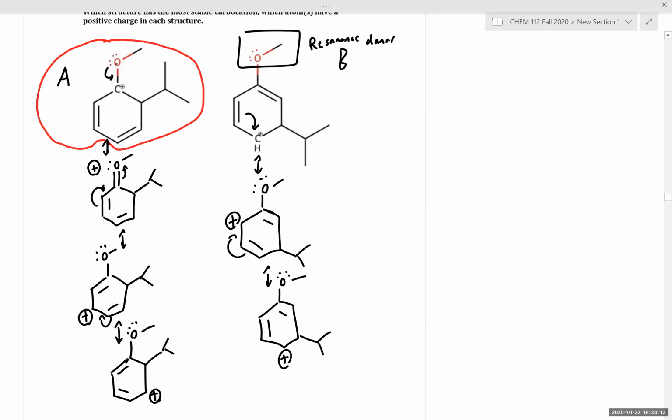And as a result, we can stabilize our carbocation via resonance donation. Because carbocation A can experience stabilization via donation from our resonance donor, while structure B, as we notice, cannot. Structure A, carbocation A, is more stable.